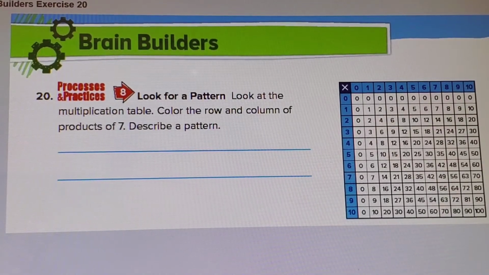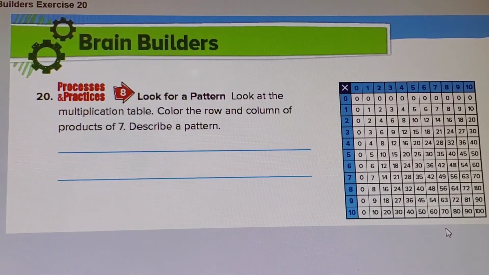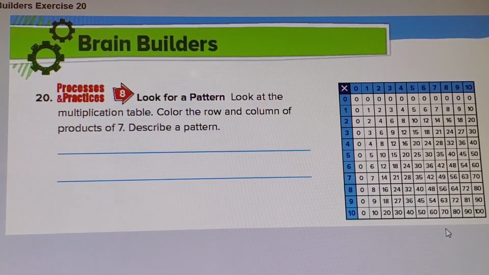Brain Builders, number 20, processes and practices. Look for a pattern. Look at the multiplication table. Color the row, right here, the row of 7, and color the column of 7. When you do that, what pattern do you notice with the numbers?